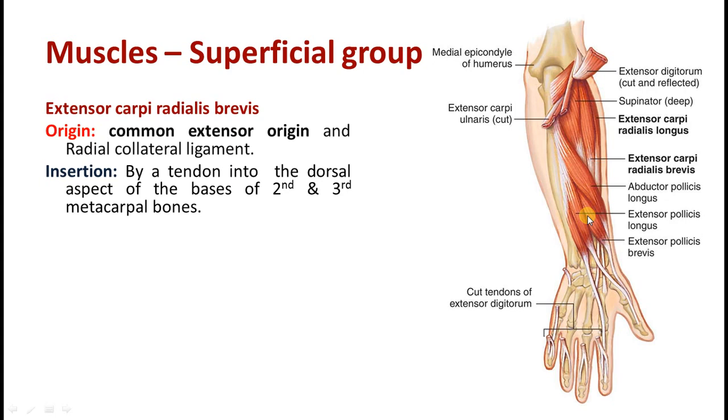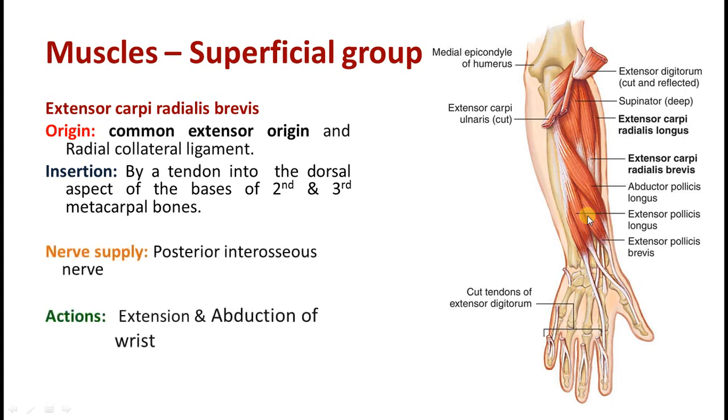But how to identify these two muscles, extensor carpi radialis longus and extensor carpi radialis brevis, is mainly if you see these two tendons crossing it obliquely, that is the abductor pollicis longus and extensor pollicis brevis.